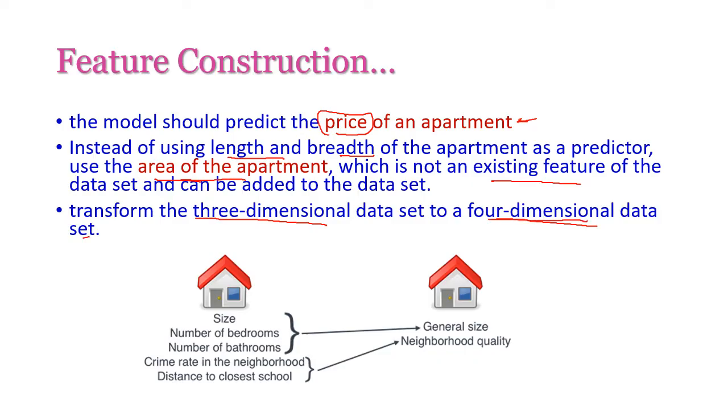Here we included the area in our data set, that is apartment length, apartment width and area. After that, we have the price, so 3D is now converted into 4D. So generally, we have additionally included the size in our data set.